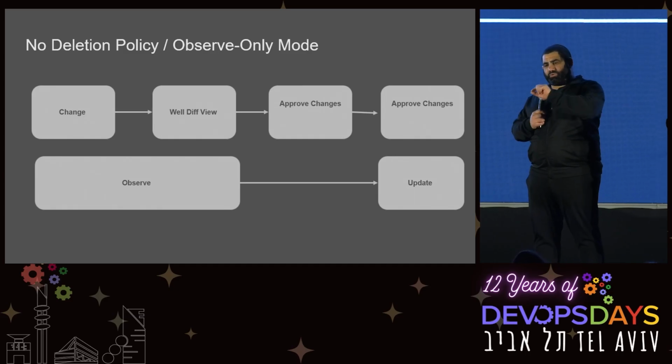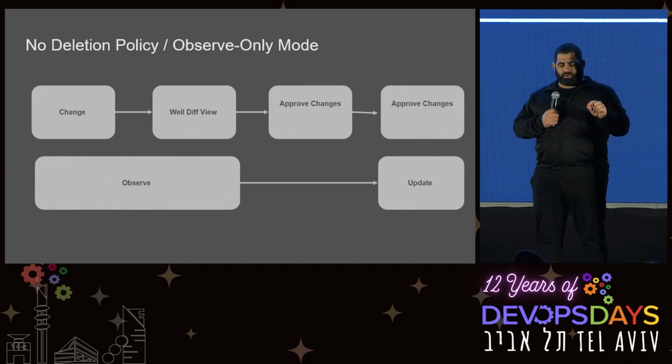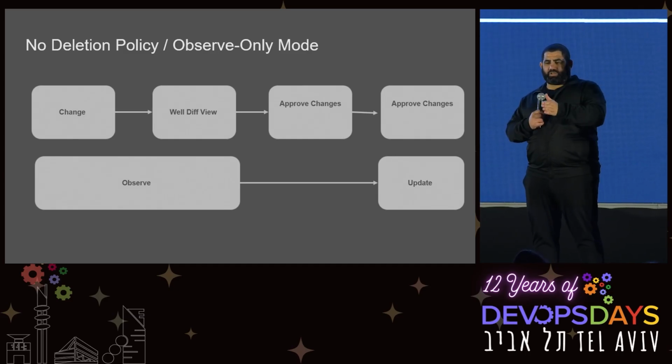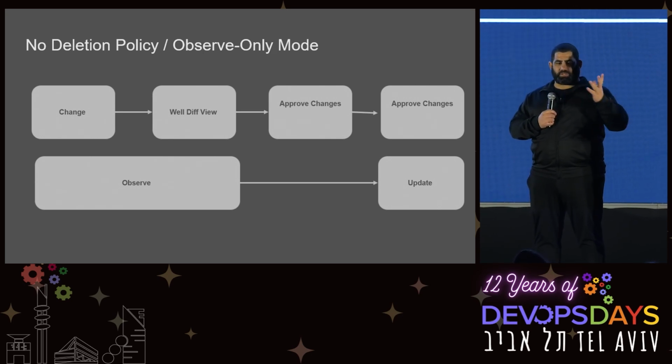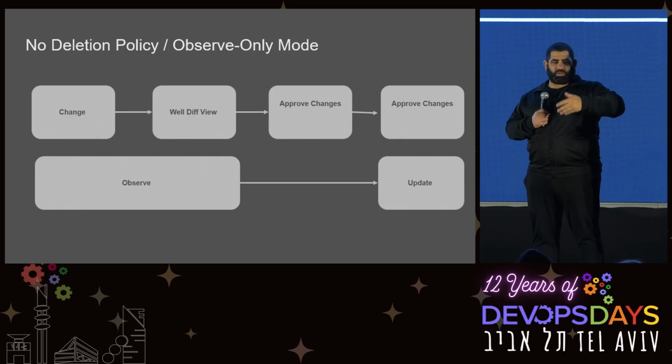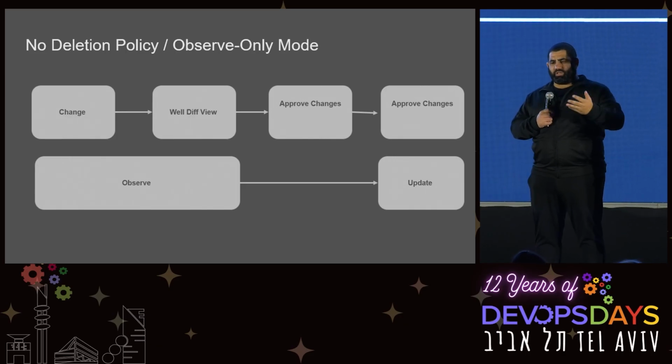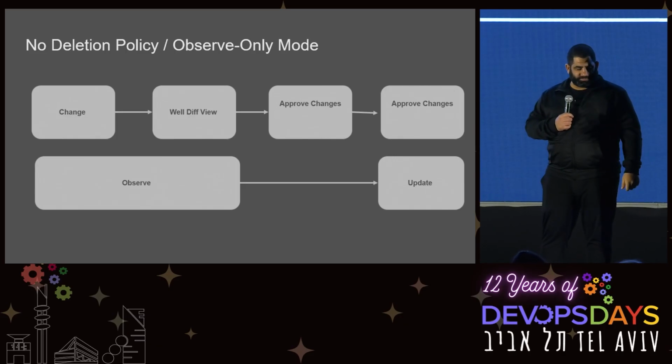Then after you see the diff and approve it, your changes are applied on the cluster. You delete something, you see the change, you understand what you're going to do, and then you can revert it or apply it to the cluster.